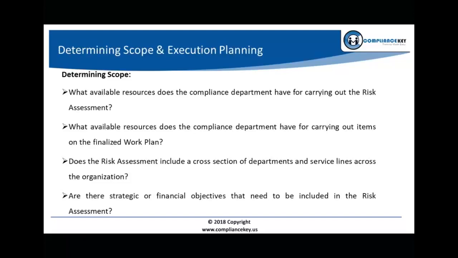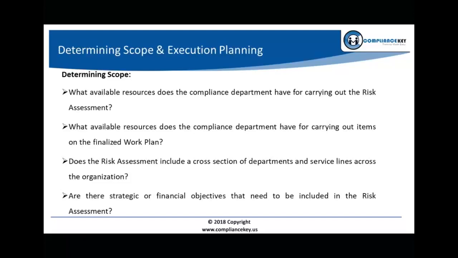A couple of things to talk through when we're talking about determining scope. These are some questions I would keep in the back of your mind as you go forward. What resources do you have available within the department for carrying out the risk assessment, which we've just alluded to? But also think about the back end.